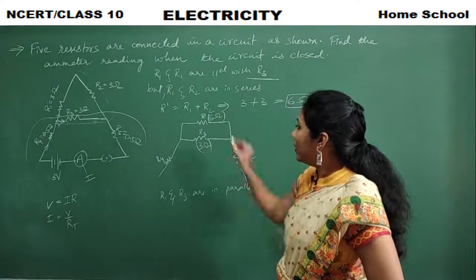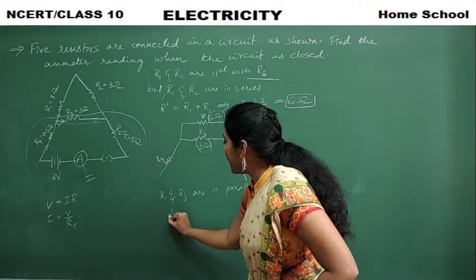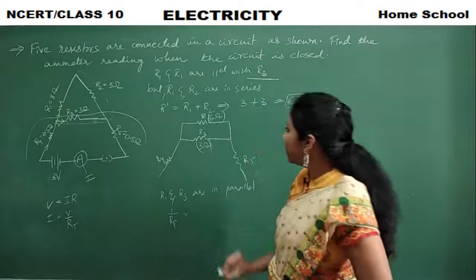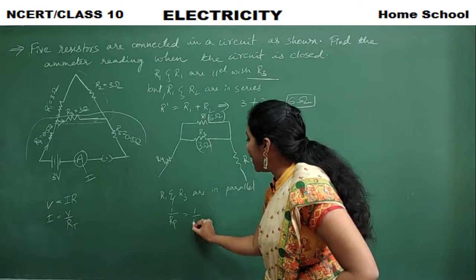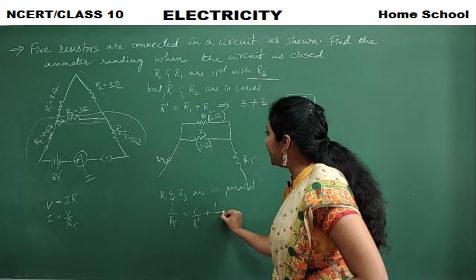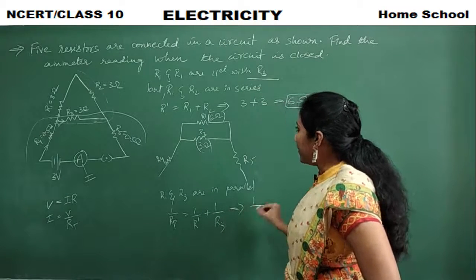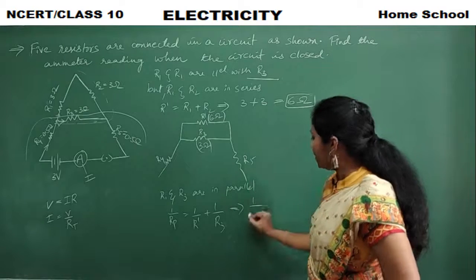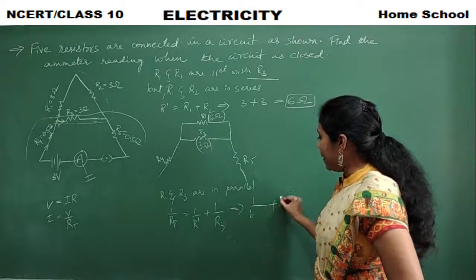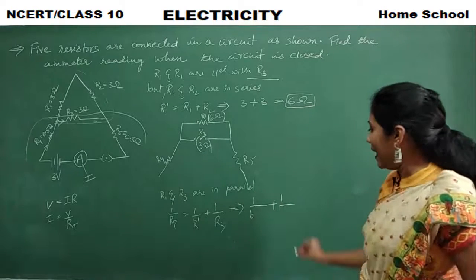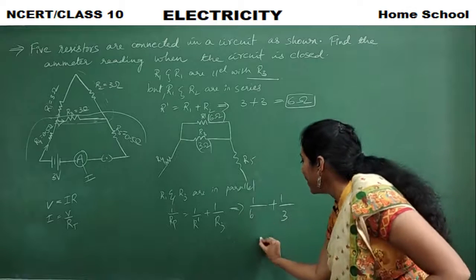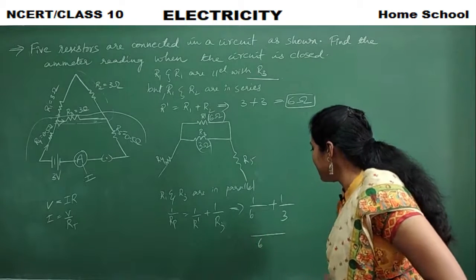So how do you calculate? 1 by Rp is equal to 1 by R dash plus 1 divided by R3, which implies 1 divided by R dash. R dash is how much? Just now we calculated 6, plus 1 divided by R3, which is 3. So 6 is the LCM, right?